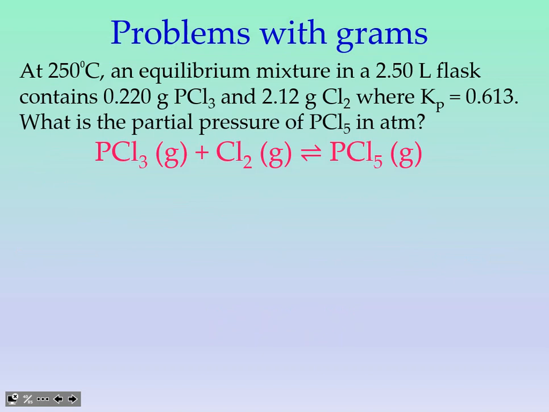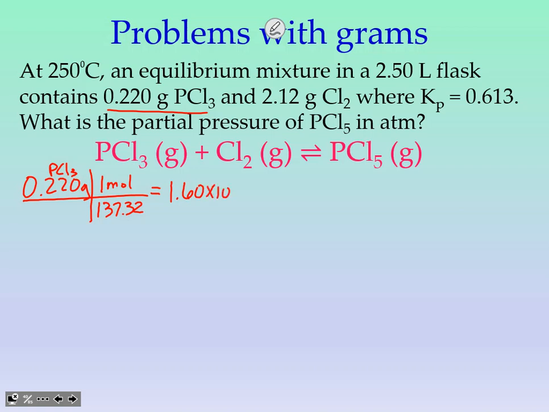But before we can use the ideal gas law, we need to know the moles of our two reactants. So let's go ahead and calculate that. You already calculated the molar masses, so it shouldn't be too hard to just do the moles here. Or maybe you've already calculated your moles. I did it all in one calculation last time. So I'm getting 1.60 times 10 to the minus 3 moles of the PCl3.